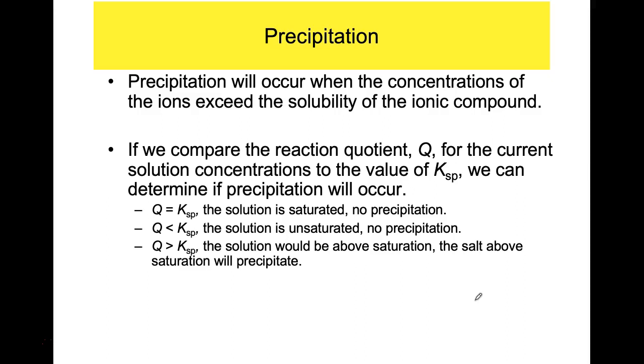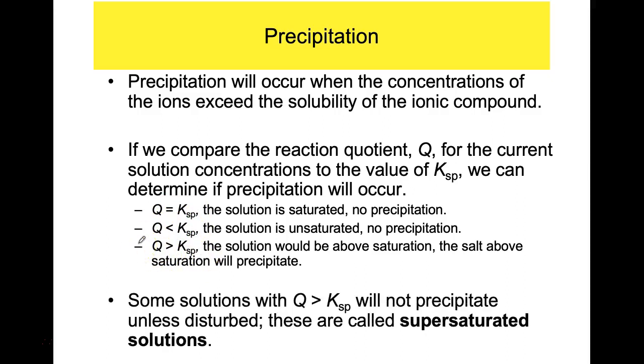Finally, if Q is greater than KSP, the solution will be above saturation, which means supersaturated, and the salt will precipitate out. So you will get a precipitate if Q is greater than KSP. That's what you're looking for. For it to be saturated is pretty tough. It's hard to have just the right amounts so they're equal to each other. It's probably going to be one of these two.